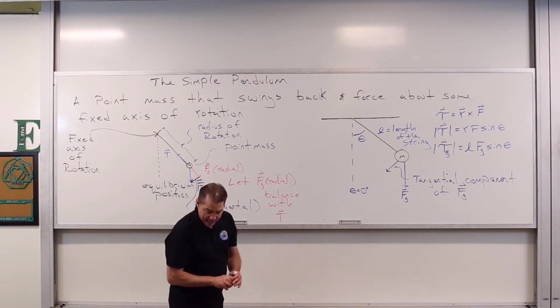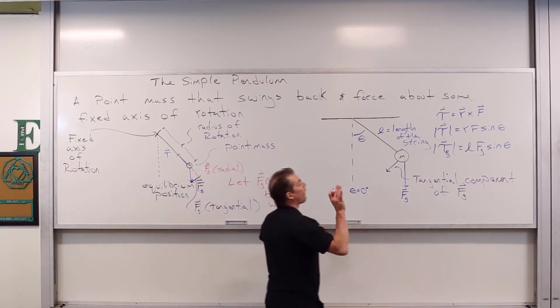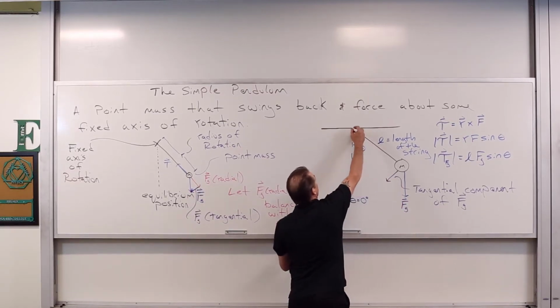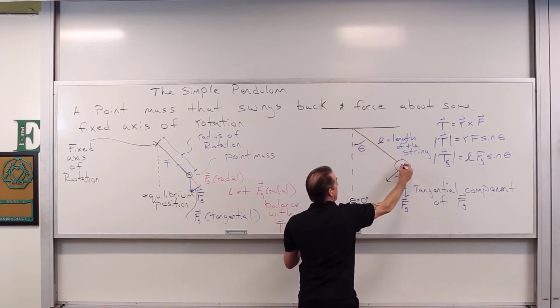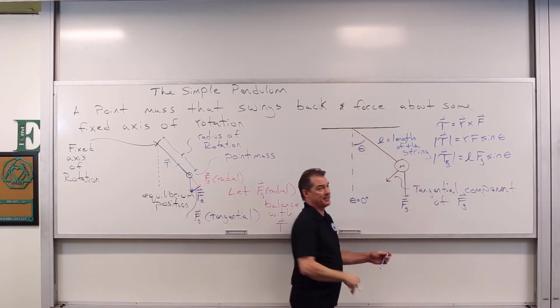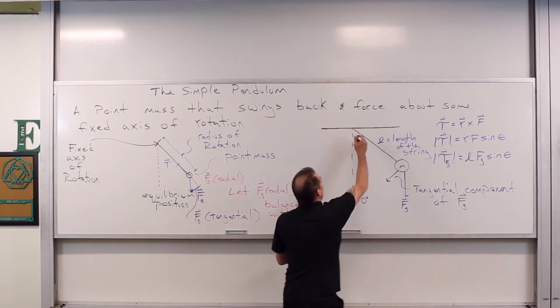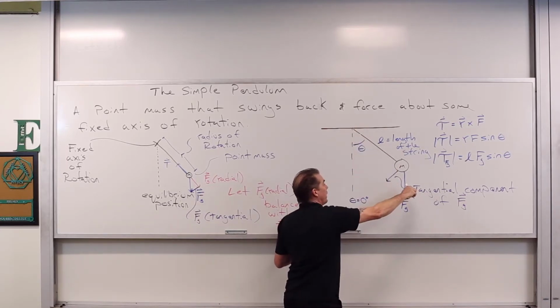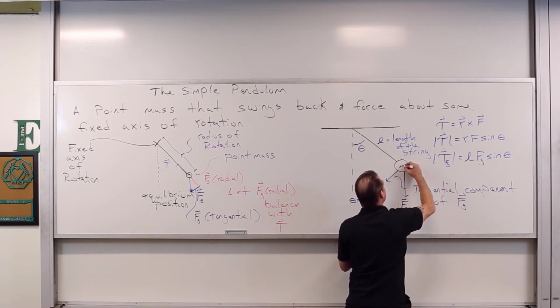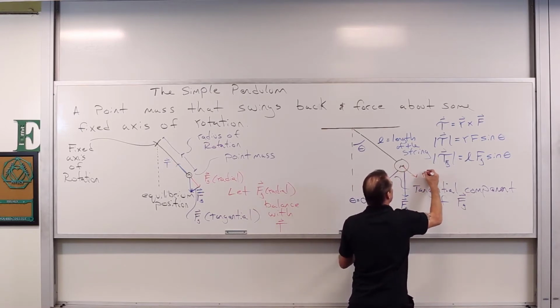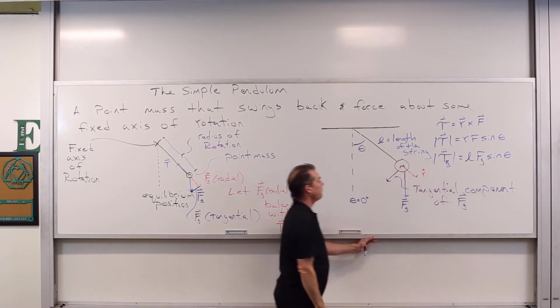Well, r hat again is a vector that points from the axis of rotation to the point of application of the force, which we would just say, hey, this is a point mass, it's right here at the very center. So we've got this vector that points down this way. So the r hat direction is that way.